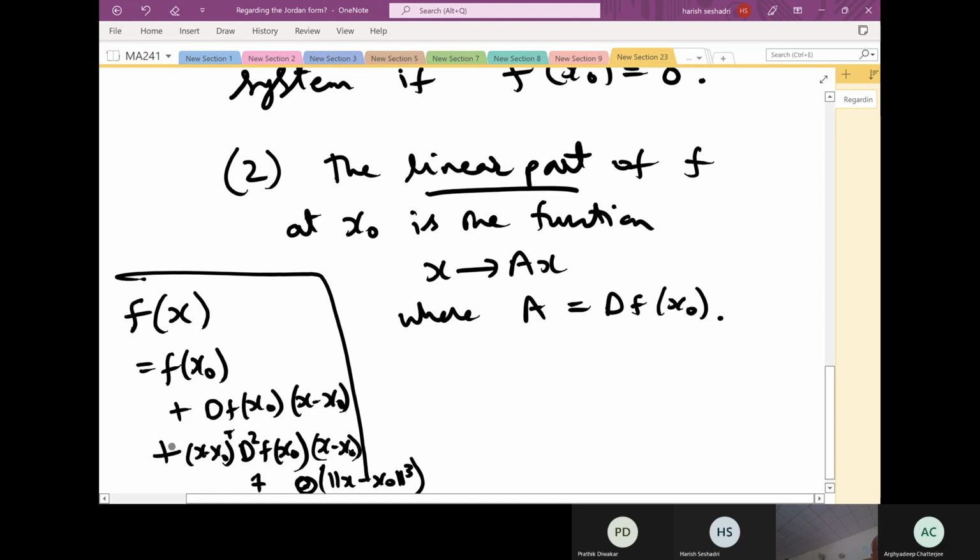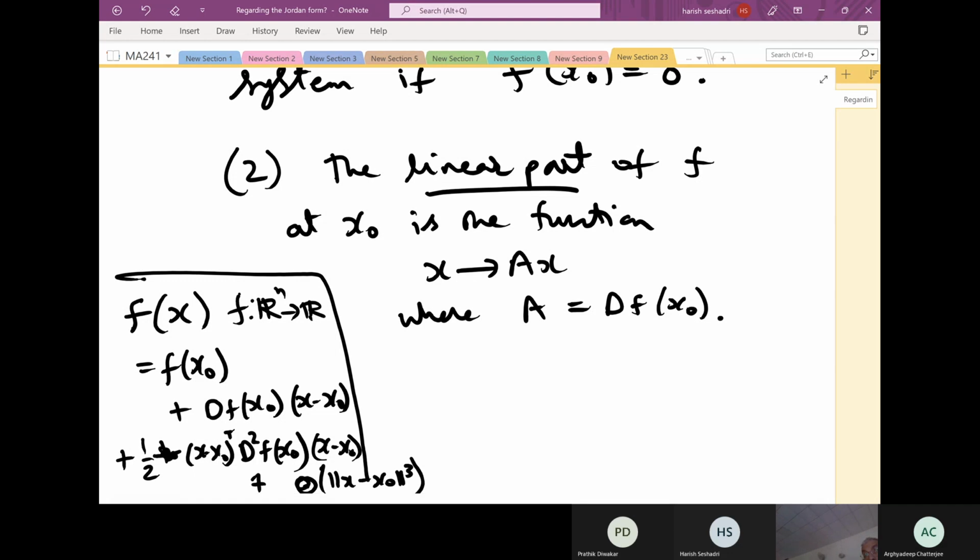This should be half times this. And this is for a function from Rn to R, not Rn to Rn like we have here. If you have Rn to Rn, of course, you can do it for each component function separately and write a similar thing.